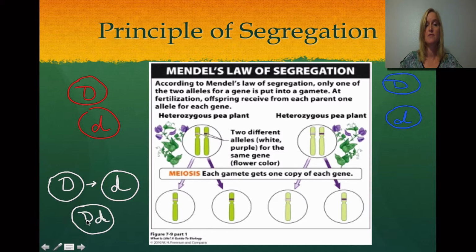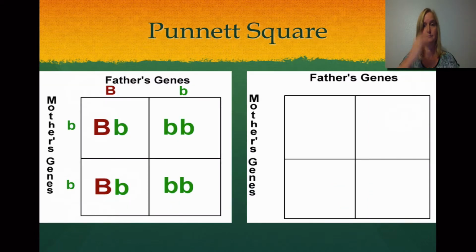So it would have one allele dominant, one allele recessive, but their phenotype, what actually shows up in that organism, would be the dominant condition, because anytime you have that capital letter there in the genotype, you're going to have the dominant phenotype.